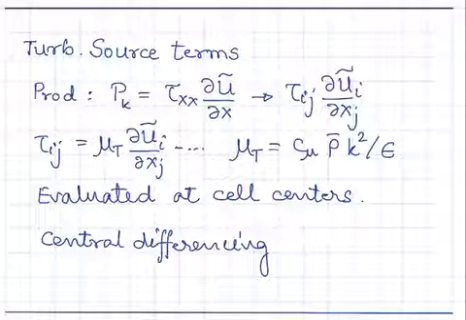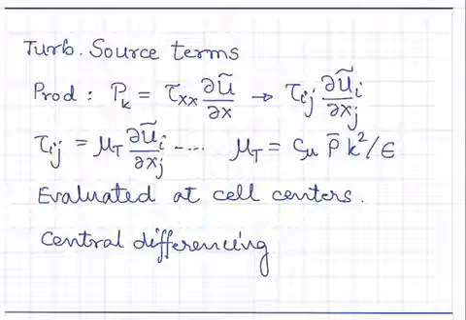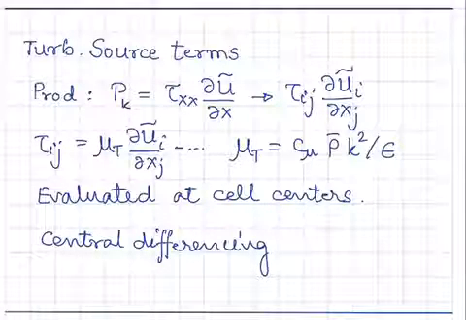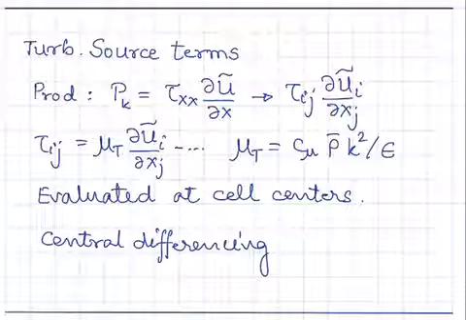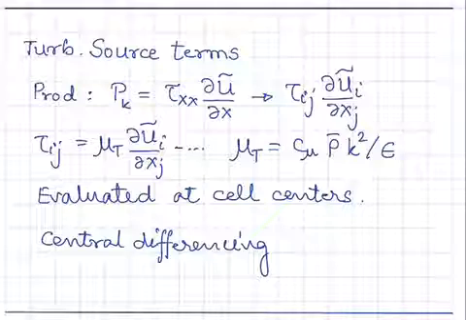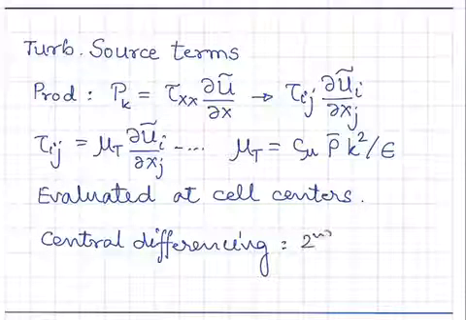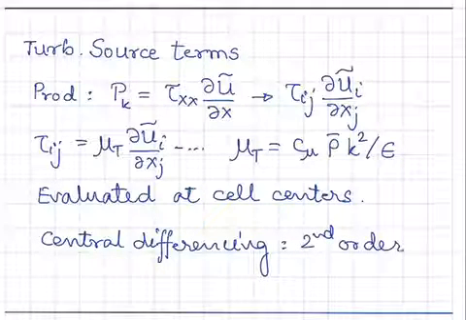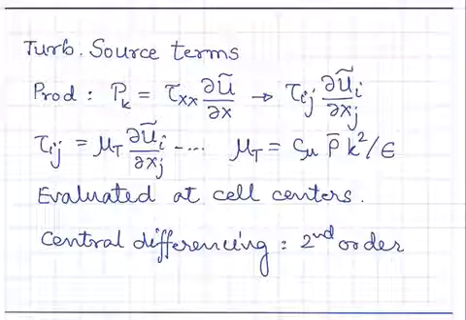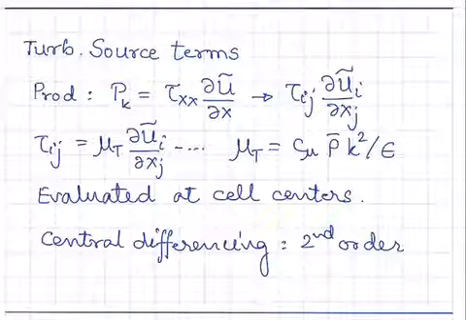Similar derivatives may also appear in the flux terms. If it is viscous fluxes, we use central differencing. If it is inviscid fluxes with a directional bias, we use upwinding. Generally, second order accurate central differencing works fairly well for the turbulent source terms.